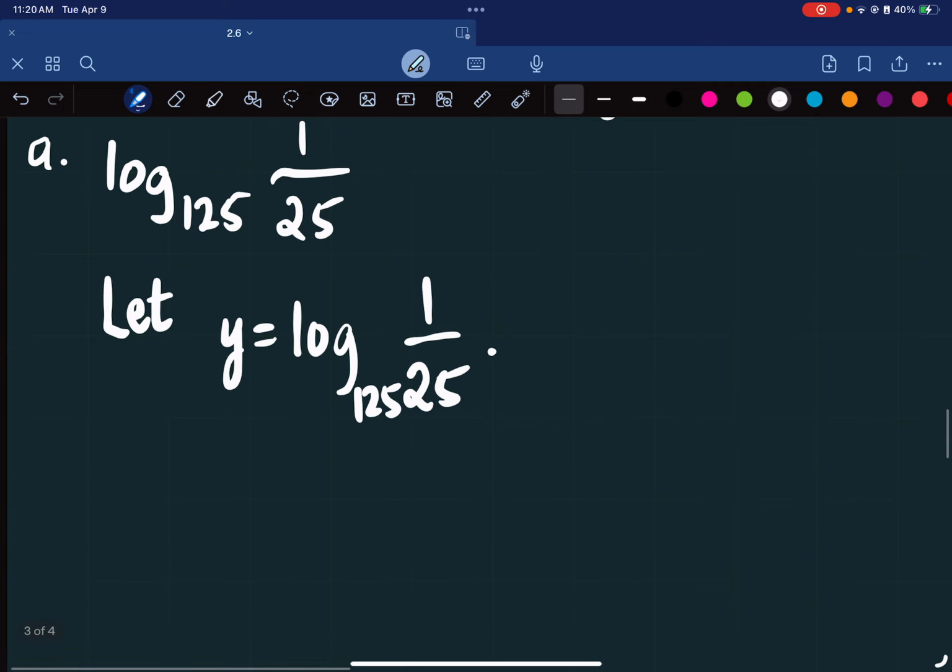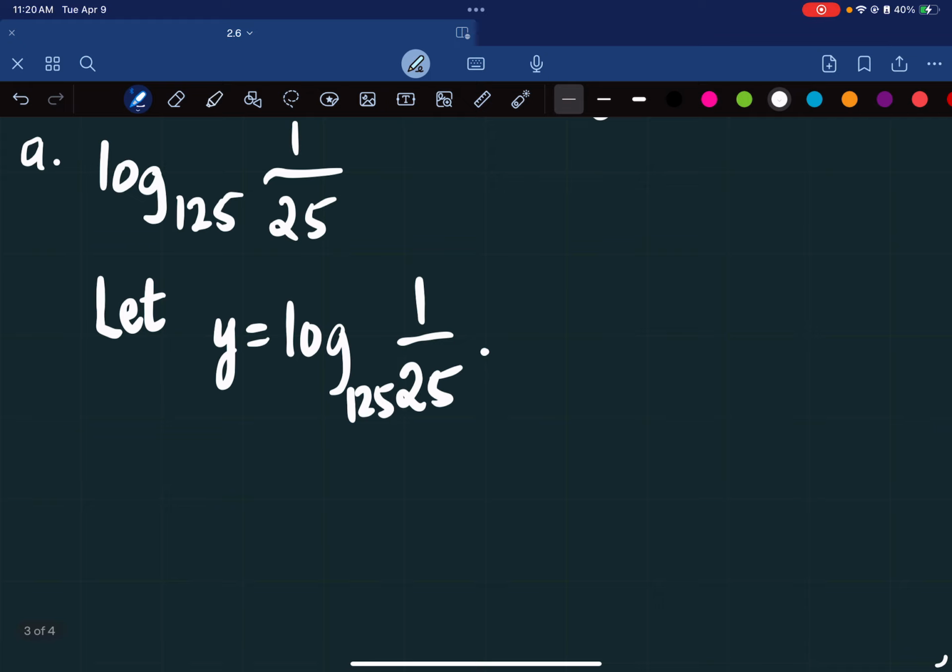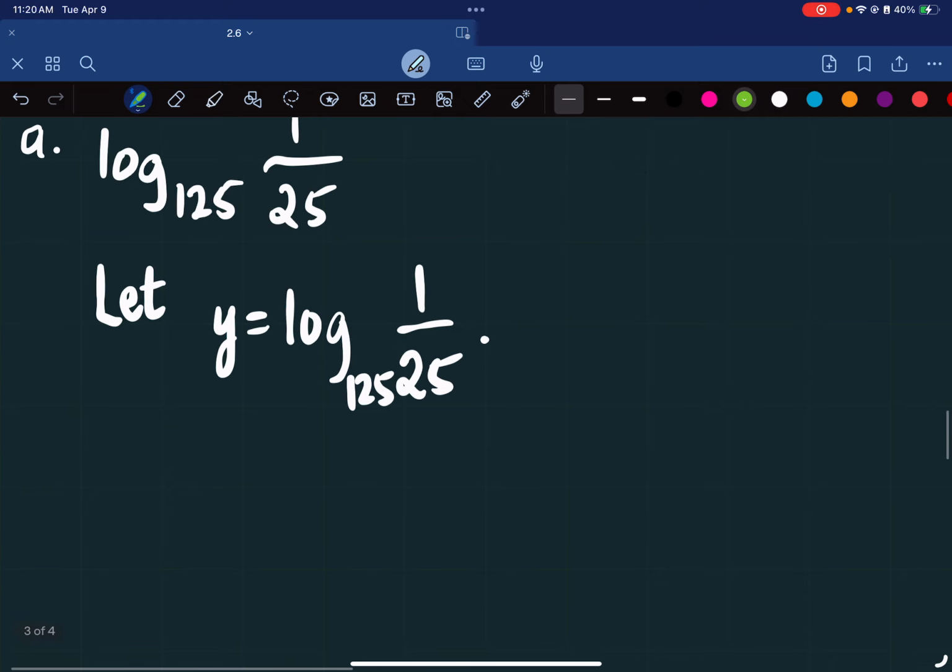To convert this into exponential form, we just reverse the process. The base of the logarithm becomes the base of the exponent. This y right here becomes the exponent. And the number 1 over 25 would be at the right side.